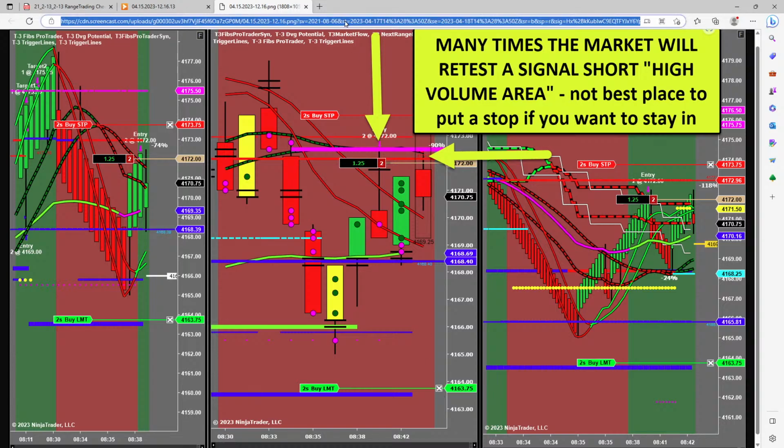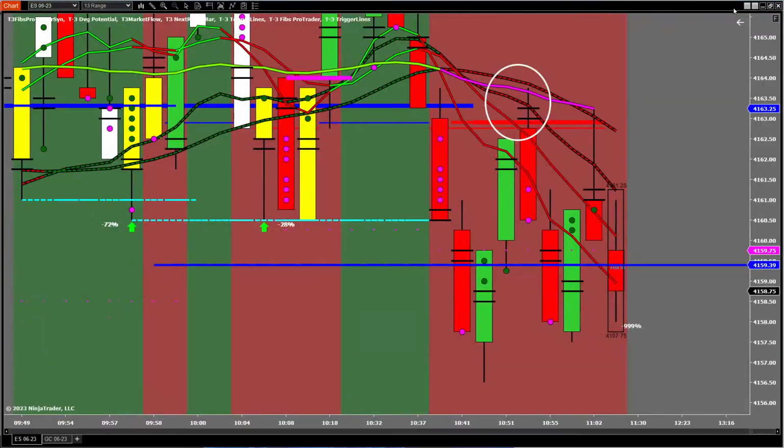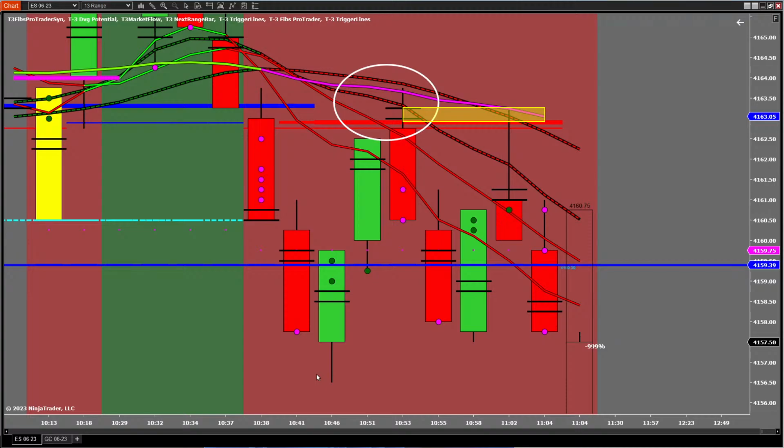Everybody cool with this picture? Again, this is the picture, just so you have it. Does everybody understand it? And when you see it in the real world, you're like, mother scratcher. Look, they came right back to the high volume area, and what happened? Smells familiar, doesn't it?